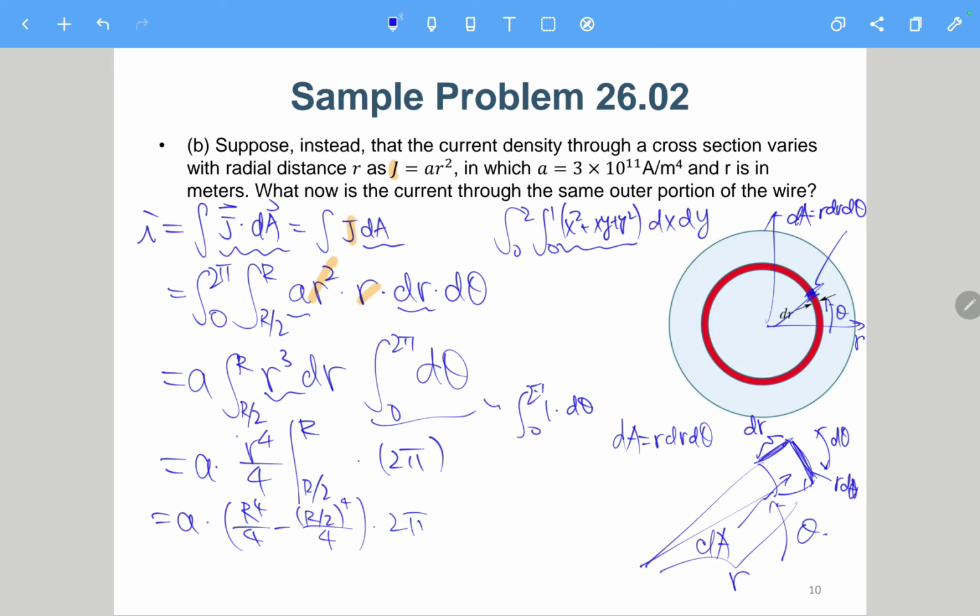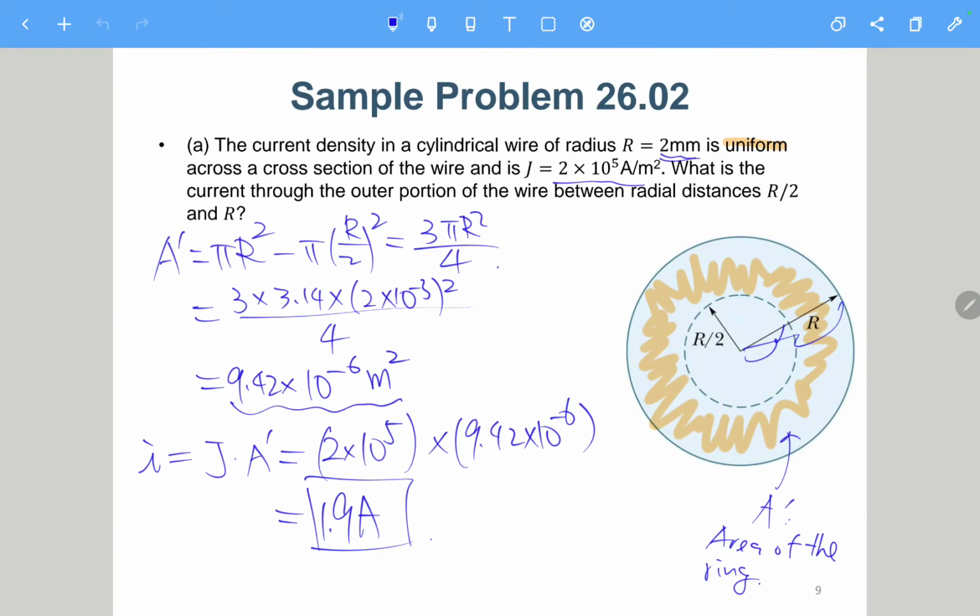And then we just need to plug in the numbers, or maybe we can simplify first. It is like 15 over 32 a times r to the fourth power times pi. Okay, so this is just an algebraic calculation. 15 over 32 times a, which is 3 times 10 to the 11 power, and then times r, which is 2 millimeter.